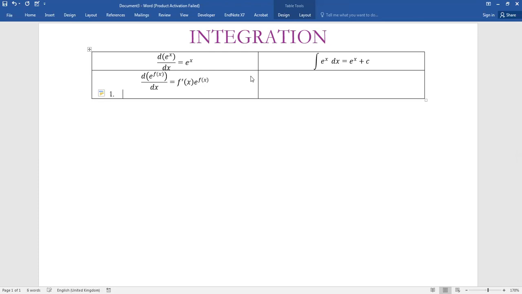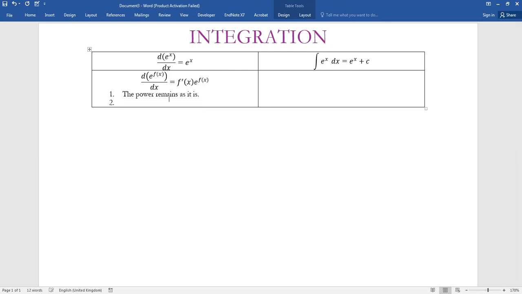If I were to break it down, I'll say that the exponent or the power remains as it is. Remember, when the power is a function, it is multiplied by the derivative of the power, right?